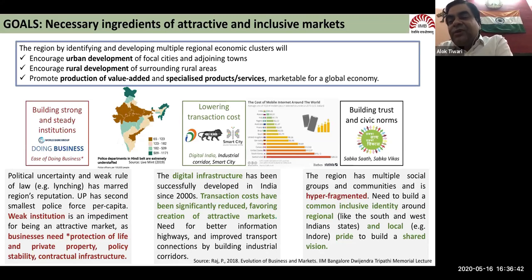We cannot wish away the fact that our people in the Hindi belt, UP, Bihar, somehow are not prepared, or have not been made ready, for participating in an optimal way in the capital marketplace, and that requires them to reorient their values.